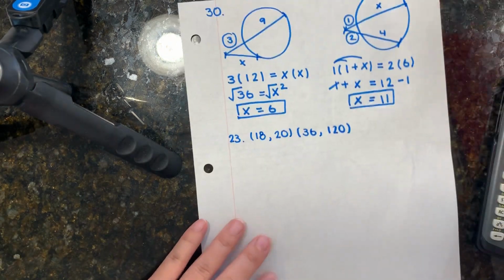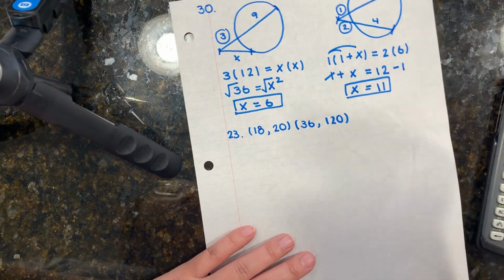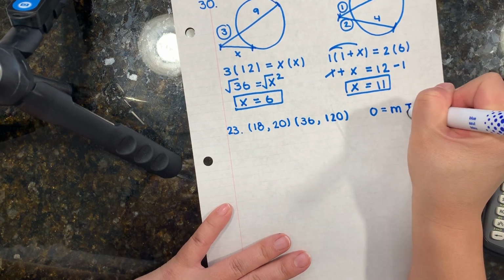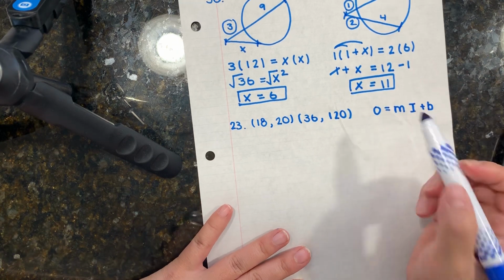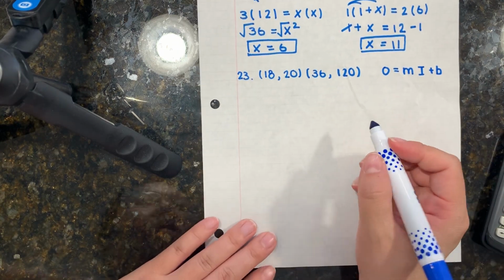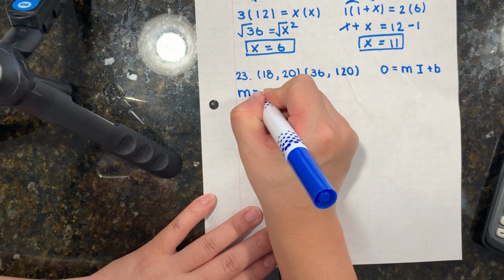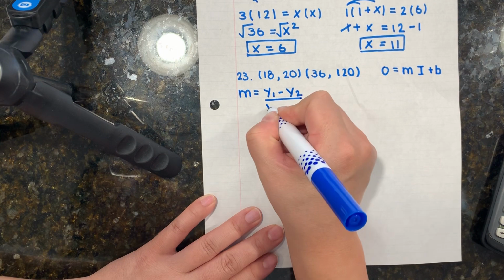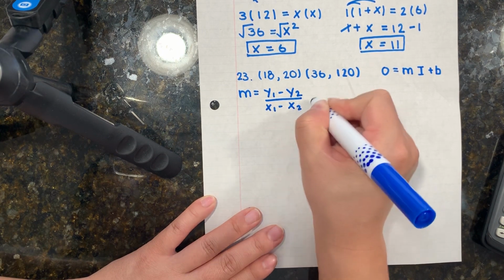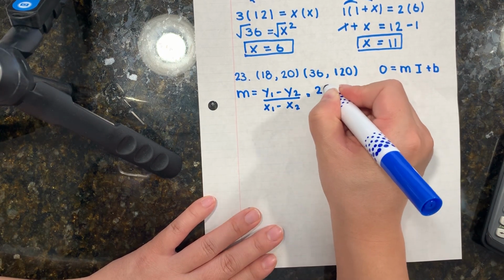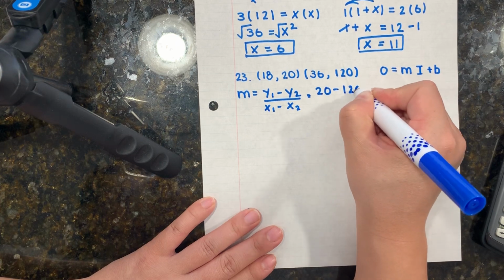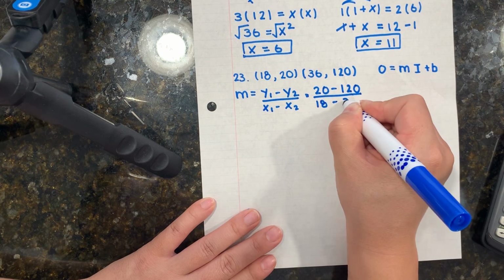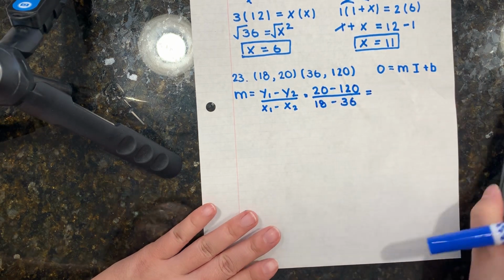Now to solve for the equation of the line, the ending equation is going to be y equals mx plus b. But the first thing that I need to do is solve for m. So I'm going to solve for the slope using the equation y1 minus y2 over x1 minus x2. So my y1 is 20 minus my y2 is 120, over x1, which is 18, minus x2, which is 36.